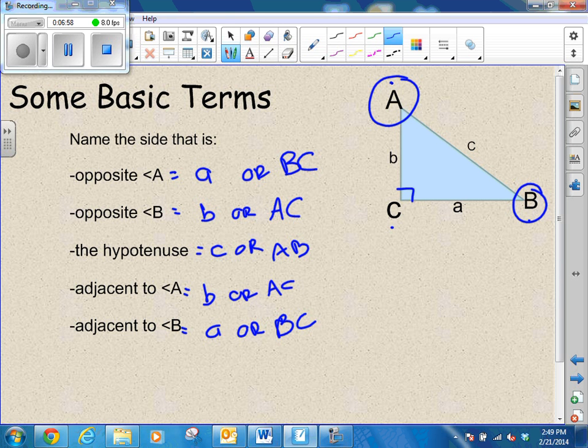And once we get going with sine, cosine, and tangent, I'm never going to go to the right angle. So really, you're only going to use sine, cosine, and tangent at the two acute angles in the triangle. Never, ever the 90 degrees. Understand that? Okay. All right, so now let's figure out what SOHCAHTOA is all about.